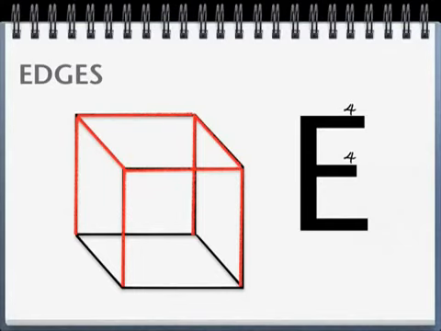There are 4 edges on our middle floor, which is also the body of the shape. Now we're going to go down to the ground floor, the bottom floor, the part that touches the ground. 1, 2, 3, and 4. So this cube also has 4 edges in the bottom. We add them together. That gives us 12 edges. There are 12 edges in a cube.